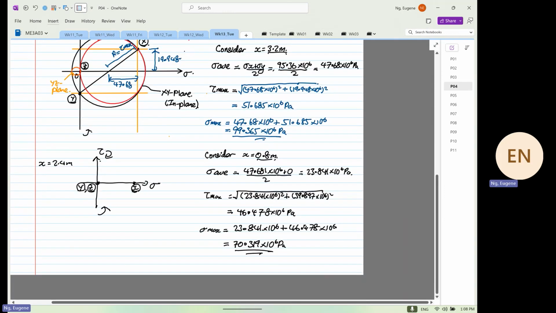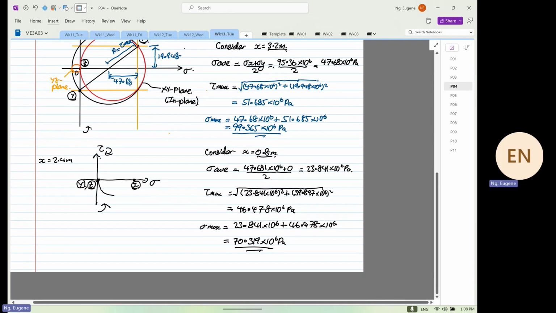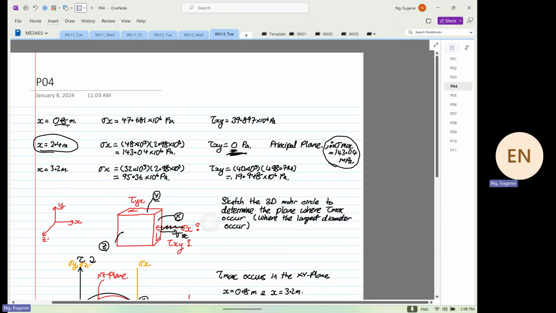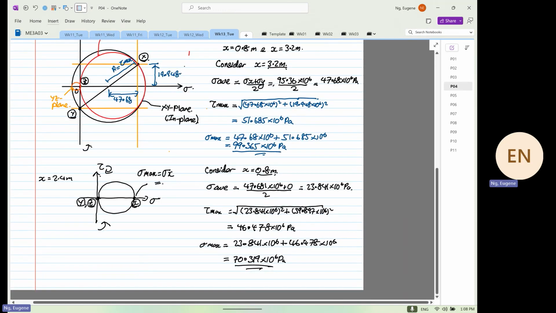From here, we sketch our circle. And over here, our stress max happens to be equal to our stress x, which is equal to 143.04 megapascal.